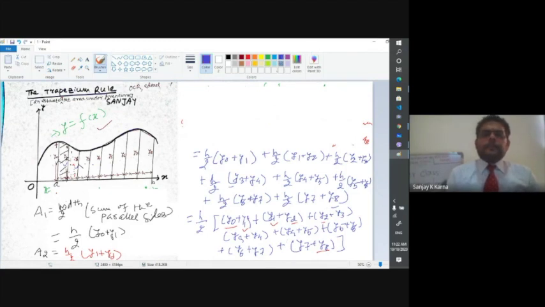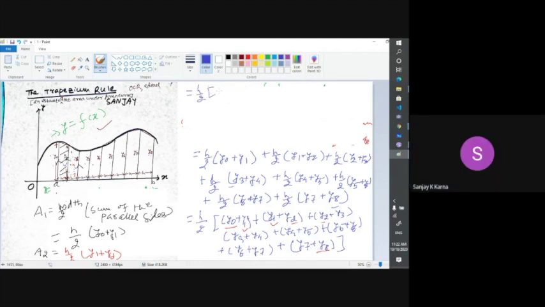So we continue from here. Then you have h by 2, and inside the bracket, as we have seen, y0 and y8 appear only once, so we keep them together, and the rest are 2 times, so we keep them in another bracket altogether.